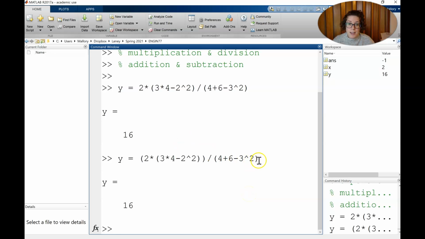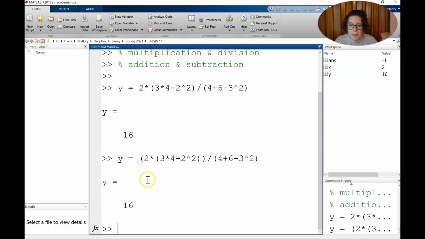You'll note that when you're using, say, a graphing calculator like this one, a TI-84, or the TI-83, or the fancier versions, you don't need to close your last parentheses when you're using those calculators. In MATLAB, you absolutely have to close your parentheses.